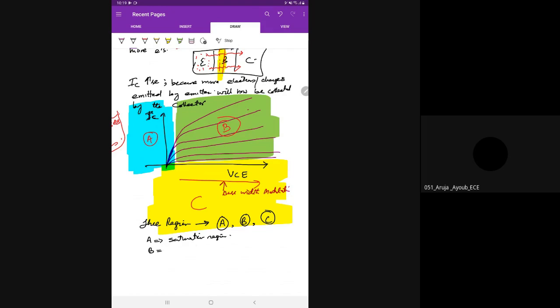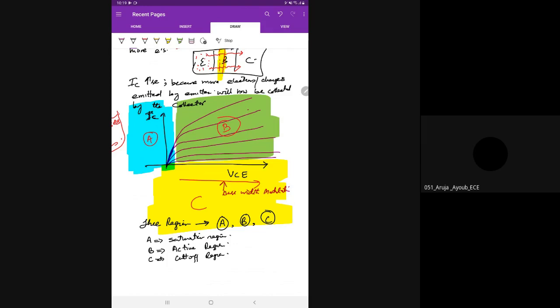Region B is known as the active region. And region C is known as the cut-off region.